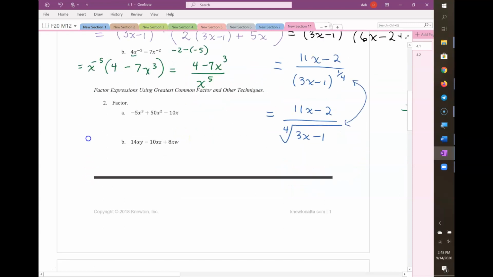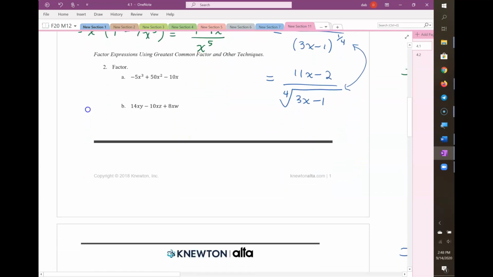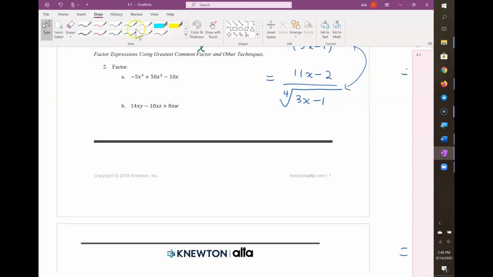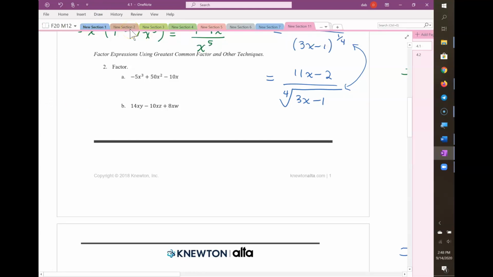Okay, then we also are going to need to remember all the other factoring strategies that we know. Knewton will take you through a review of that as needed. In this example, we have a greatest common factor of an x. Every term has an x. And the leading coefficient is a negative 5, and negative 5 divides evenly into all of the other coefficients.